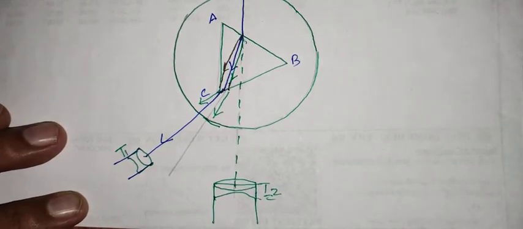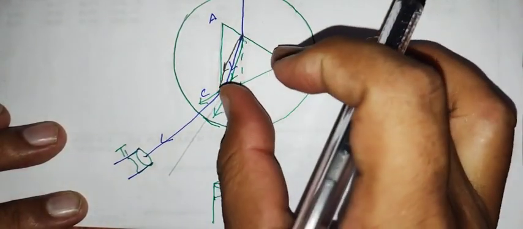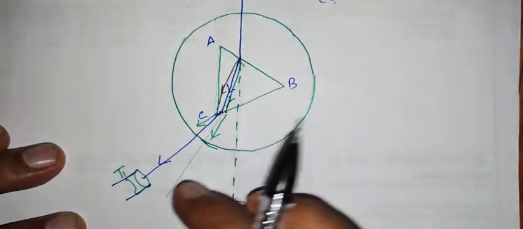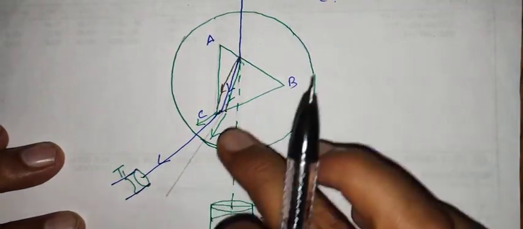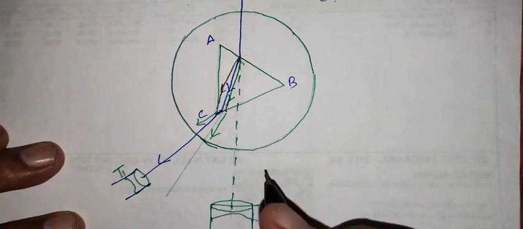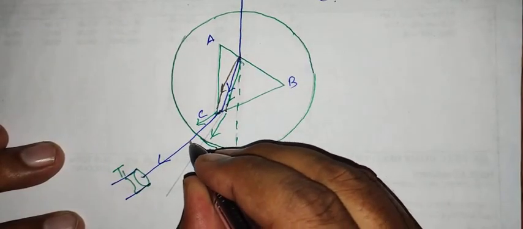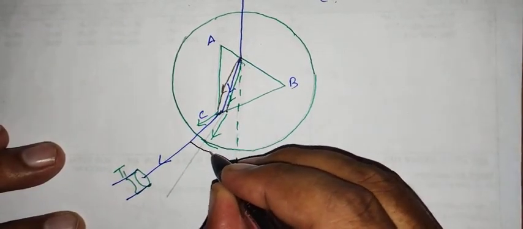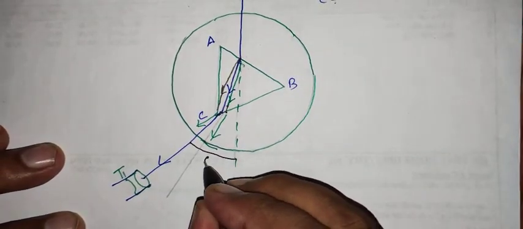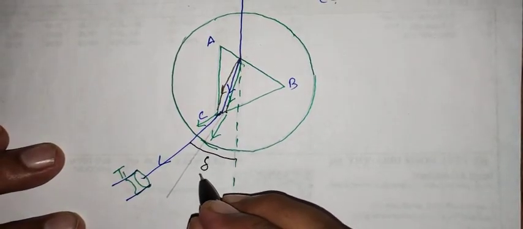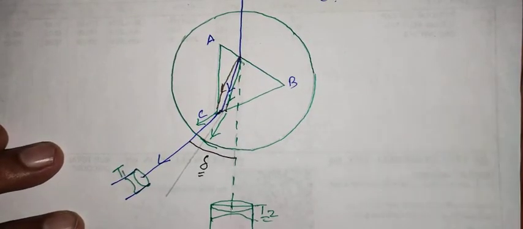Now see carefully, when the prism is kept in this position, the position of the slit is obtained, and the difference between these positions is known as the angle of deviation, delta.